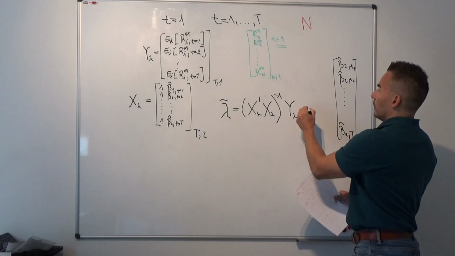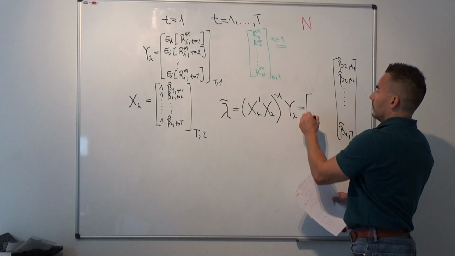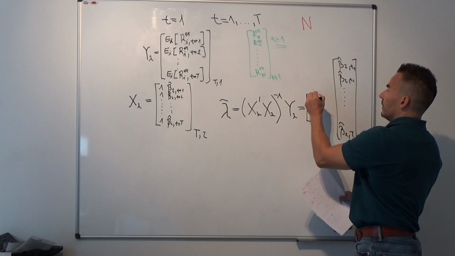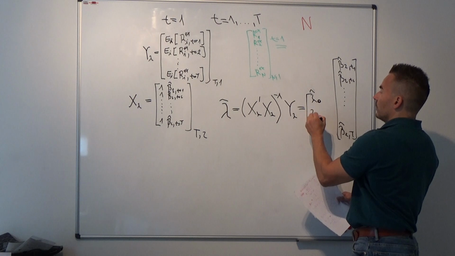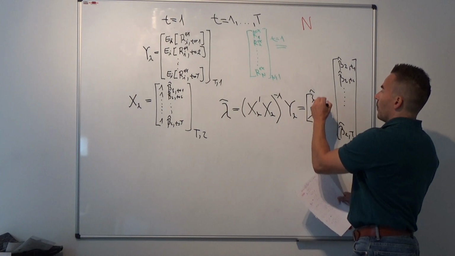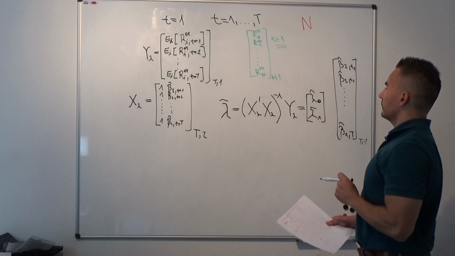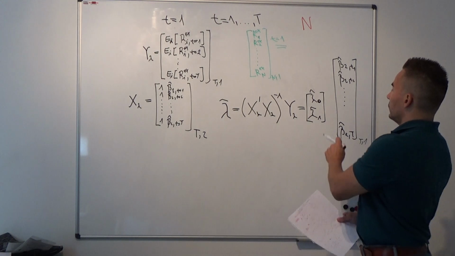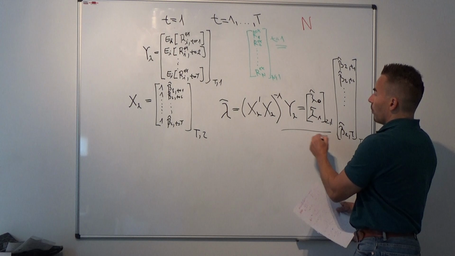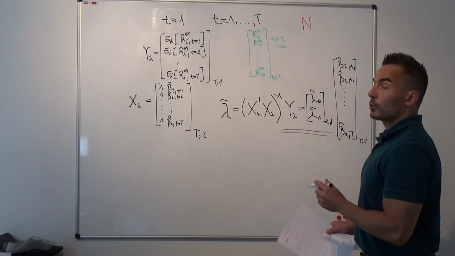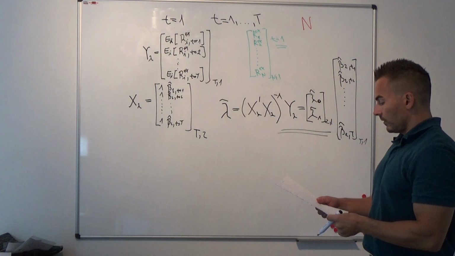Obviously, what will come out is a risk premium 0, let's call it lambda 0, and lambda 1. So it's a 2 by 1 vector, which consists of our risk premiums.